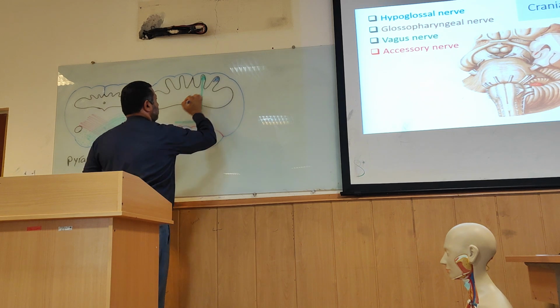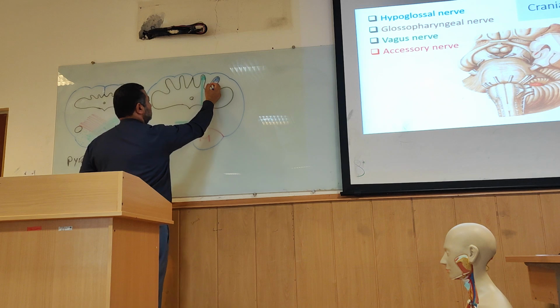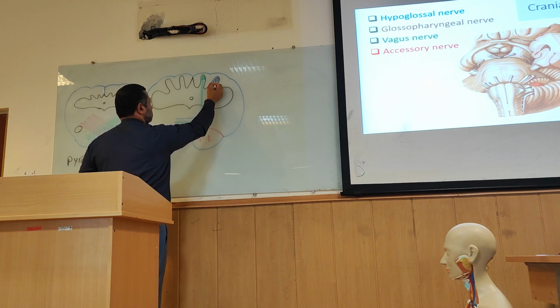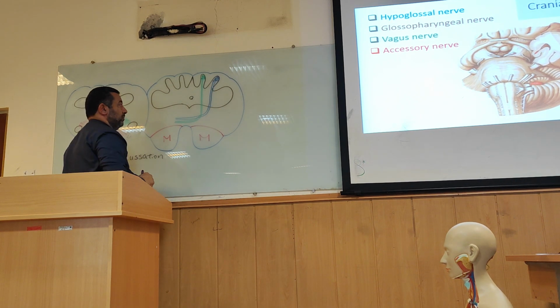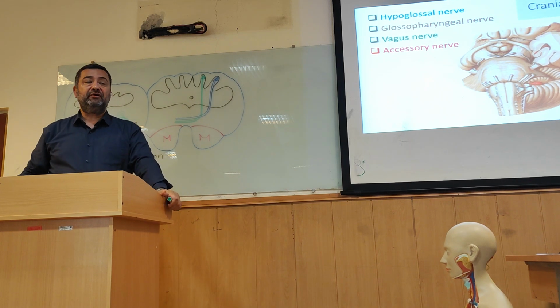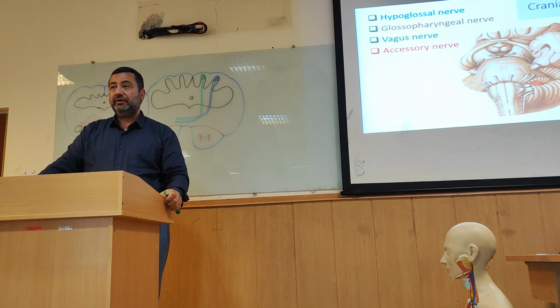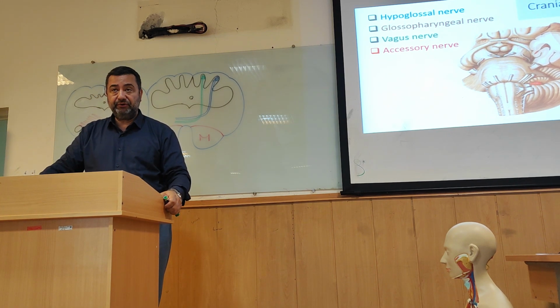In the cuneatus nucleus, there are many fibers that make internal arcuate fibers similar to the gracilis fibers. If you remember, I told you cuneatus fasciculus is related to the upper limb, and gracilis fasciculus is related to the lower limb.